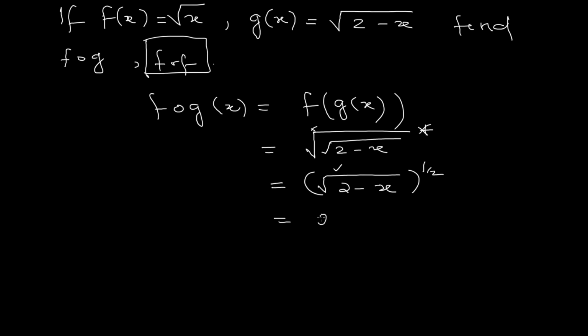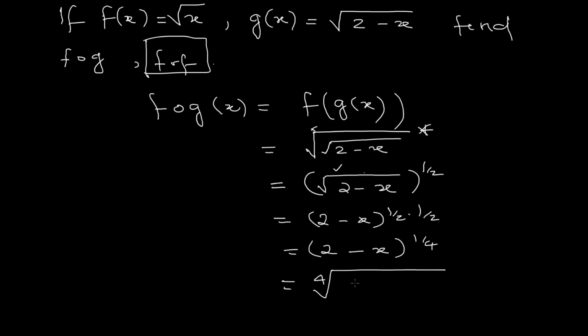So that becomes 2 minus x to the power of a half, and I have a half from this one and a half from that one. So those two multiply, then I get 2 minus x to the power of 1 over 4. So that's my f of g.